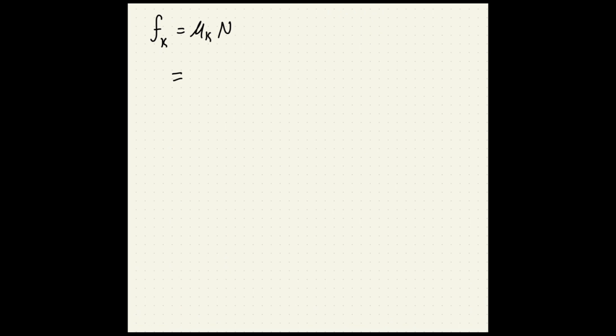If I use that relationship from the previous slide, I can say that my force of friction is equal to mu sub k times mass times the gravitational acceleration constant, 10 meters per second squared. This I can now use to directly calculate what my friction force is if I am on a horizontal surface.